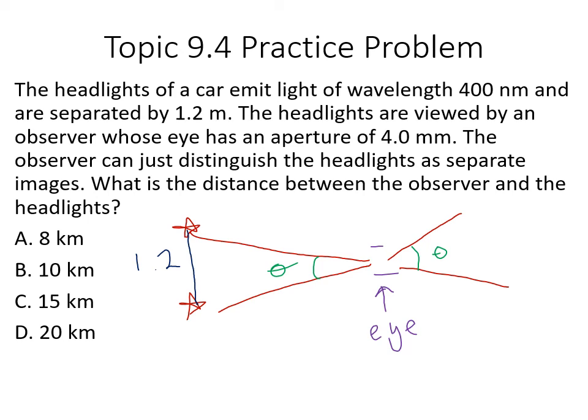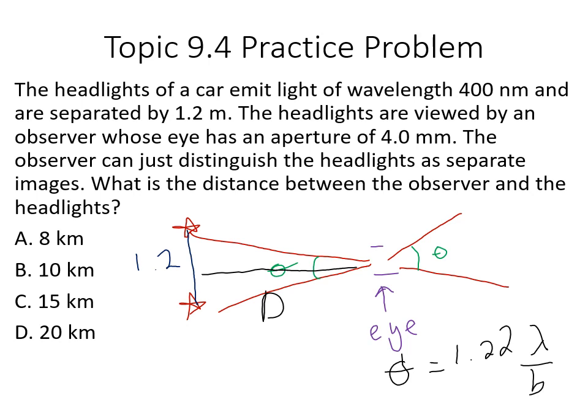So we are looking for this distance, I'll call this capital D, and we have the equation for diffraction through a small circular aperture. Theta equals 1.22 lambda over b.